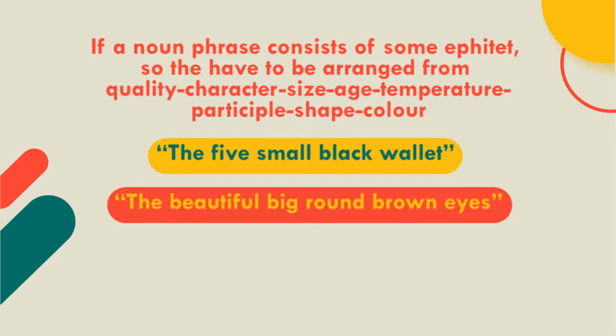The noun that is explained in this sentence is eyes. The beautiful is the quality. Big is a size, round is a shape, and brown is a color. So, the beautiful big round brown is the epithet for the eyes.